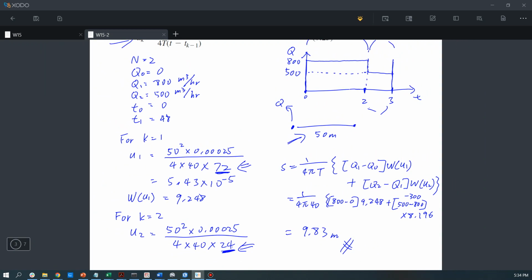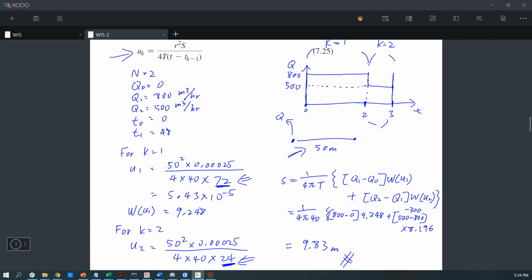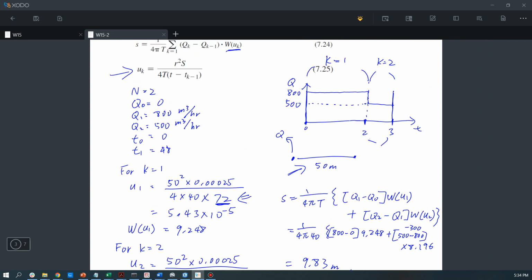Let's look back at this equation a little bit more. The idea is that we calculate the 3-day drawdown using this 800 discharge.